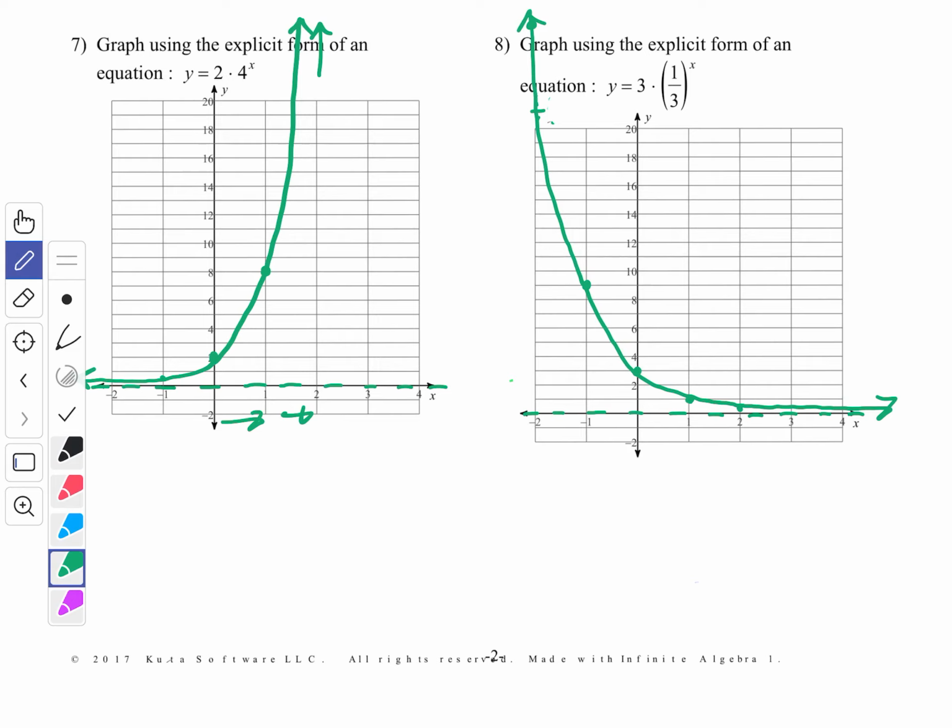Now, let's think, what if we actually did have that vertical shift? Okay, say we added 3 right here, or subtracted 1. Well, basically all that is doing is shifting everything up 3. So my asymptote shifts up 3, and so do all my points.